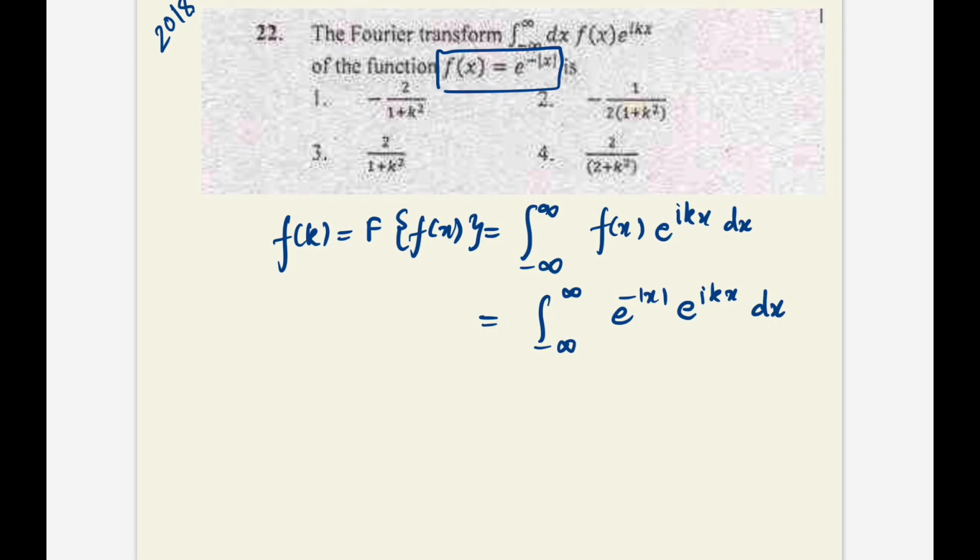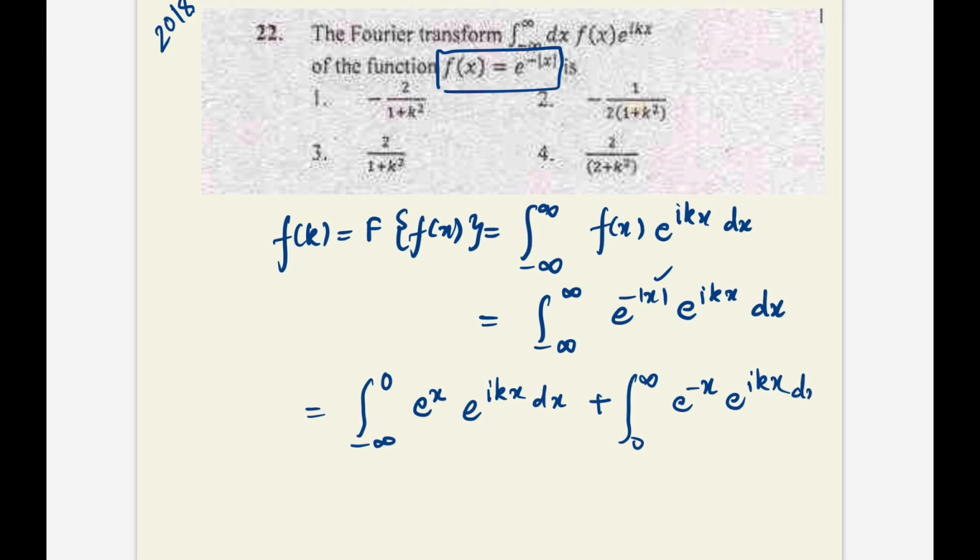Now we will break the integral into two: minus infinity to 0 e to the power x e to the power ikx dx. Why are we doing this? Because x is in the modulus, that's why we divide the integral: 0 to infinity e to the power minus x e to the power ikx dx.